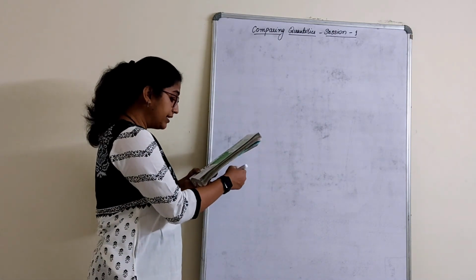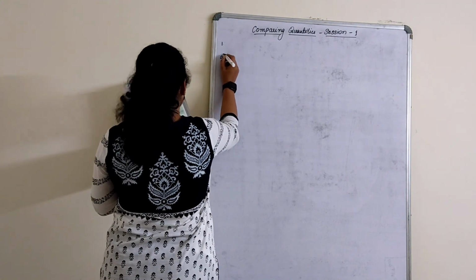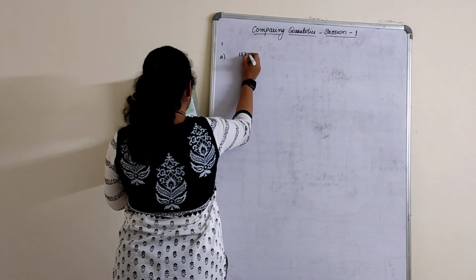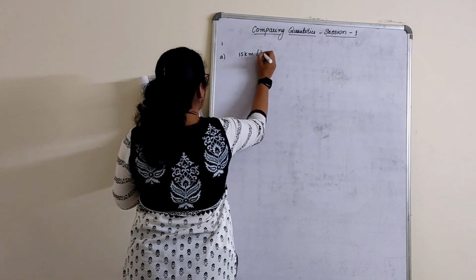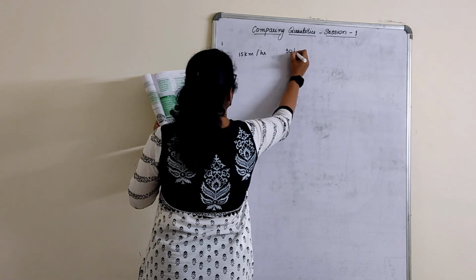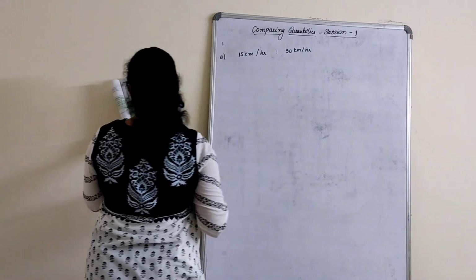Exercise 1. Find the ratio of the following. First, part A. Speed of the cycle is 15 km per hour. Speed of the scooter is 30 km per hour. Right? So find the ratio.